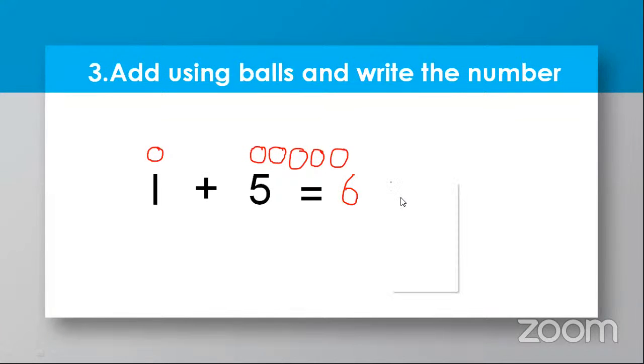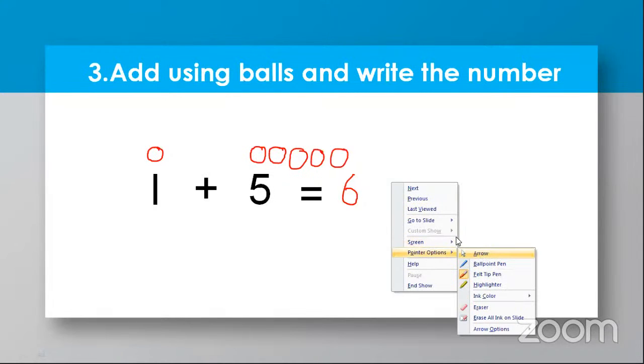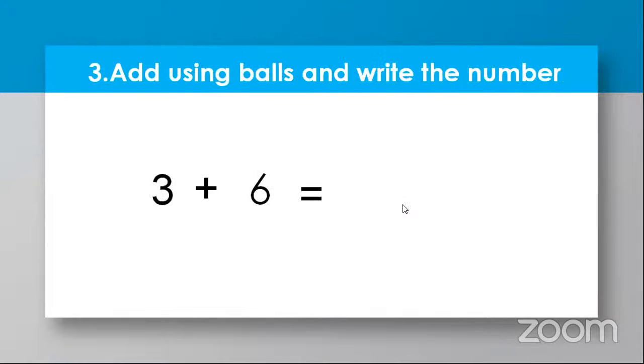Let us move to the next one. What was the next? Okay, we are still adding. Add using balls and write the number.